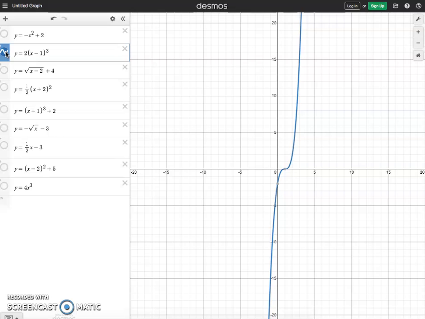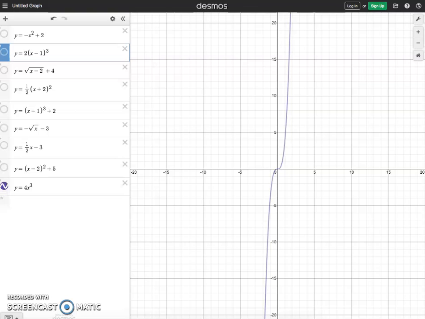Keeping that in mind, if I'm looking at all of the other equations, I see another cubic here, which is number 37 on your quiz review. This also would have a domain and a range of all real numbers. And also, right here, this is number 41.